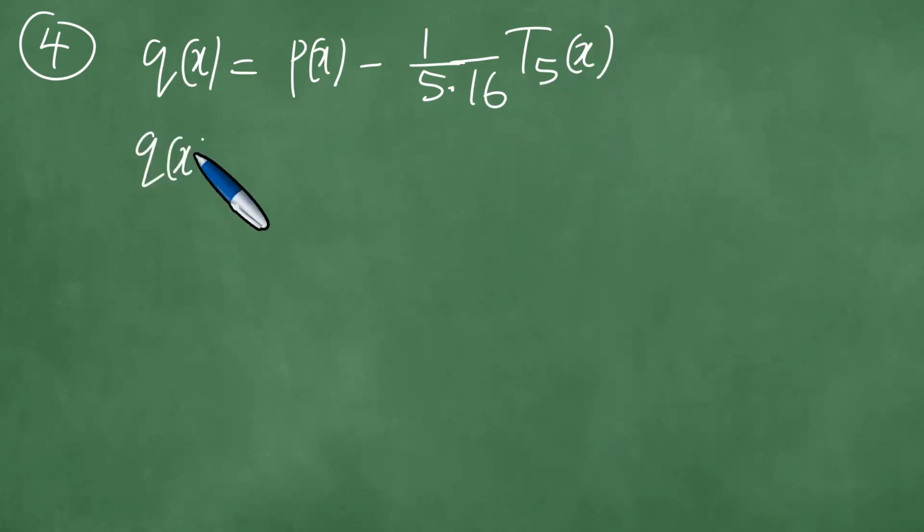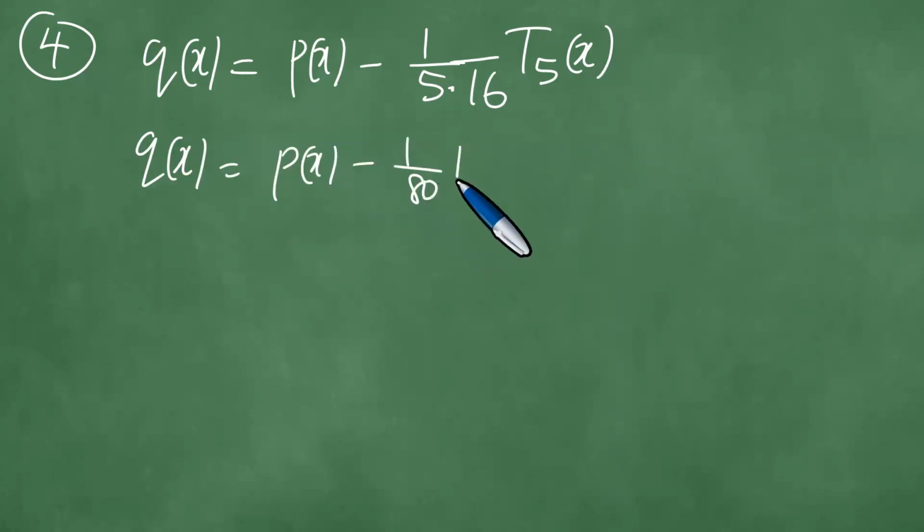Which means Q of X is P of X minus 1 out of 80.